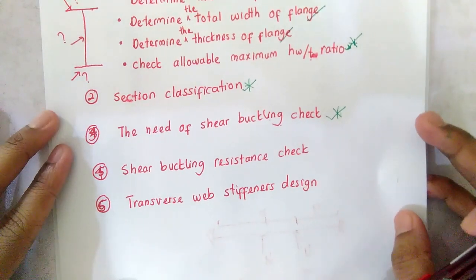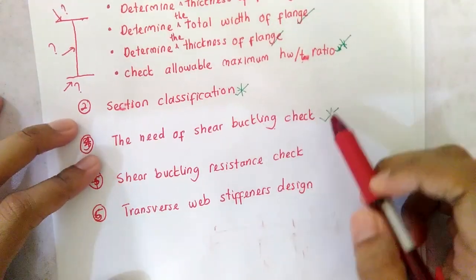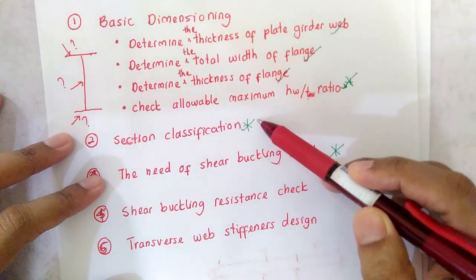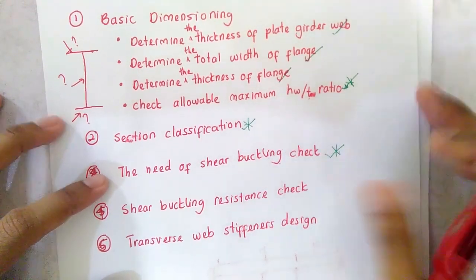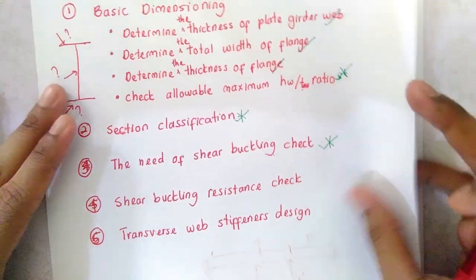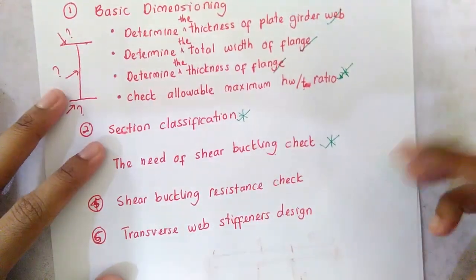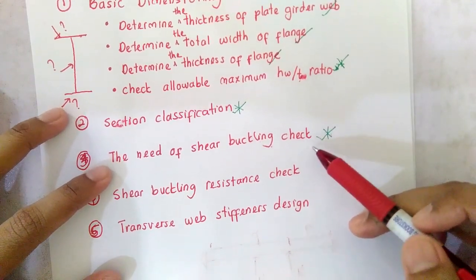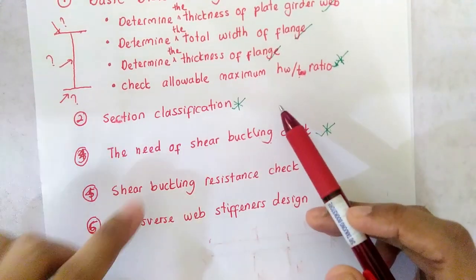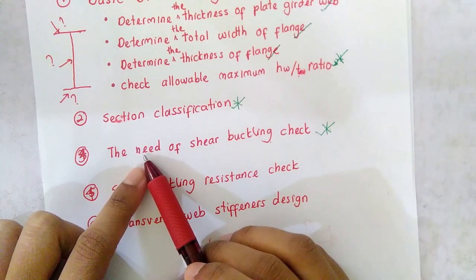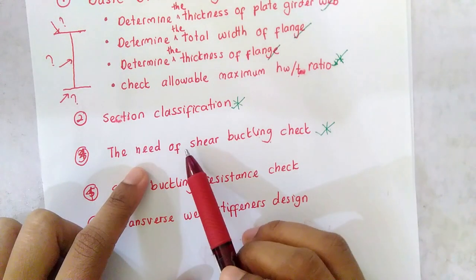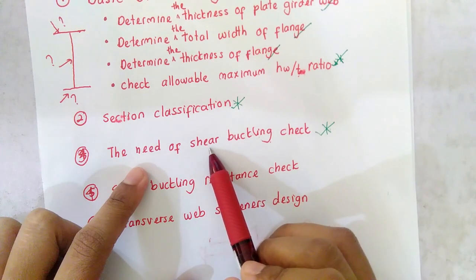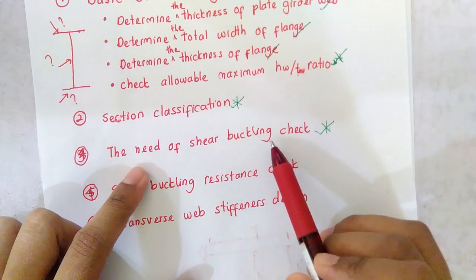All right, now let's proceed with the next design check. We have done the section classification and we can conclude that the plate girder section in our proposed structure is class 1. The next step is to check whether the proposed section is able to resist shear buckling or not.